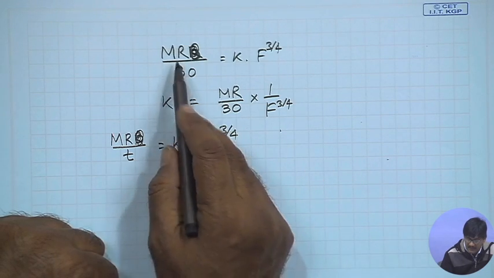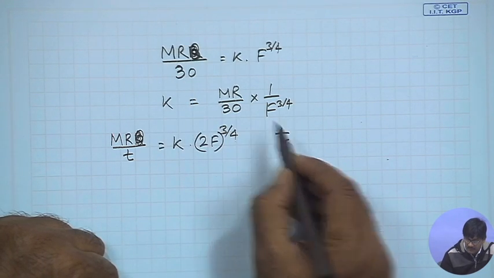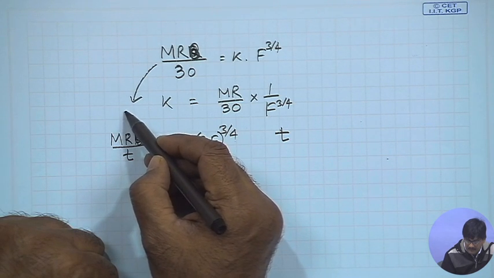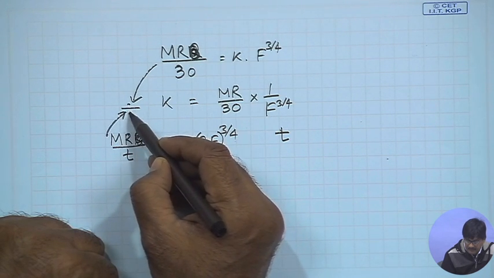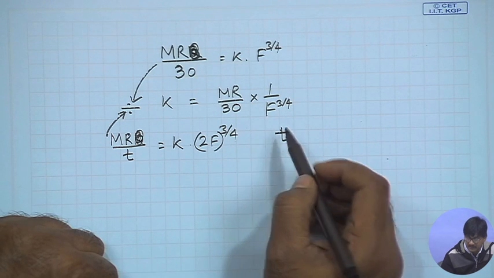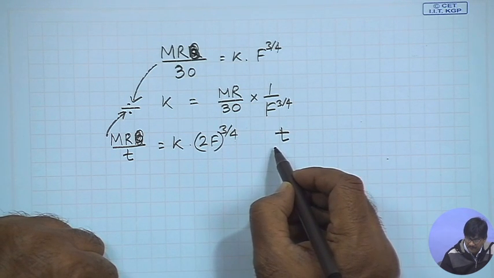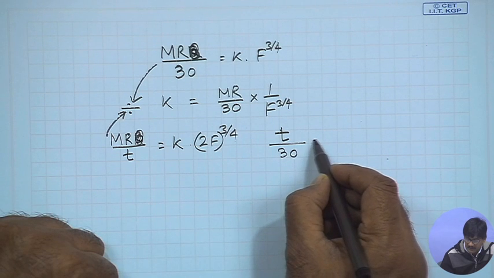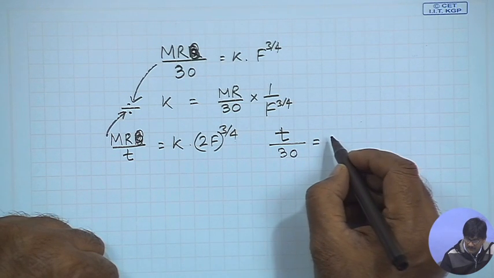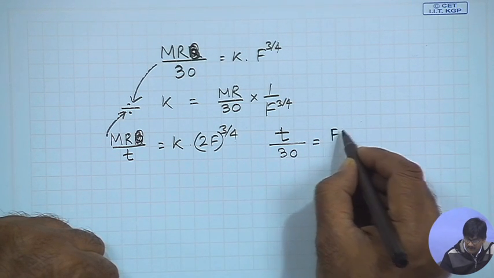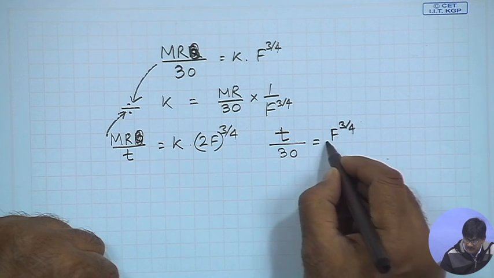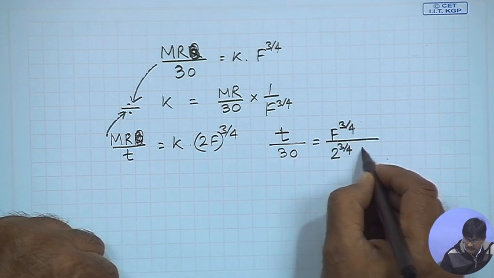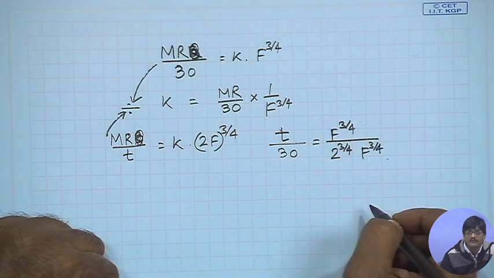MR cancels out, and T by 30 is equal to K cancels out, F to the power 3/4 divided by 2 to the power 3/4 into F to the power 3/4.